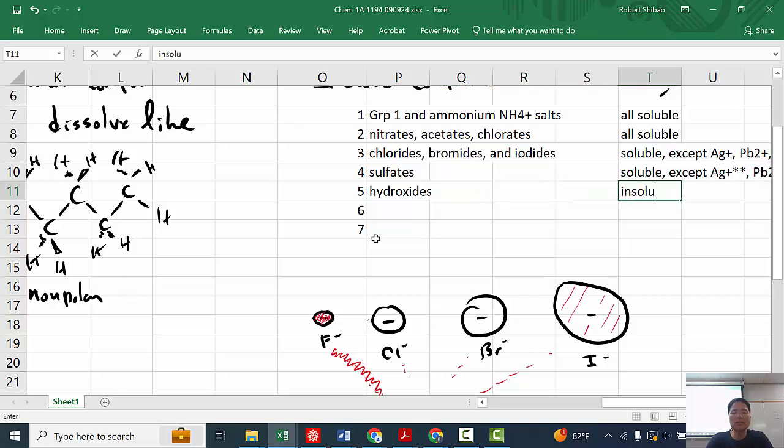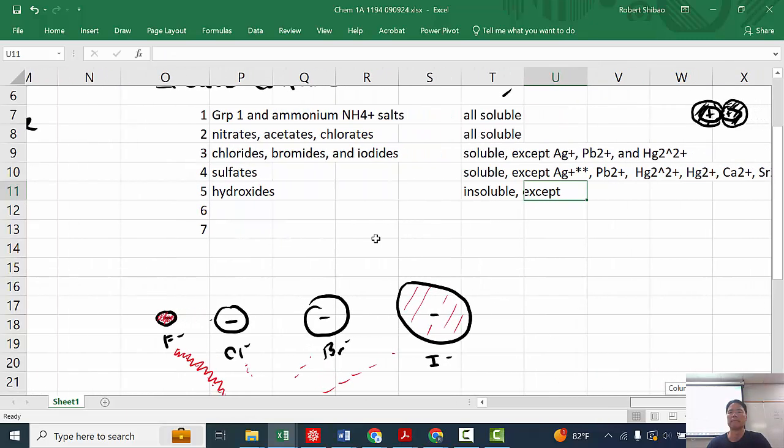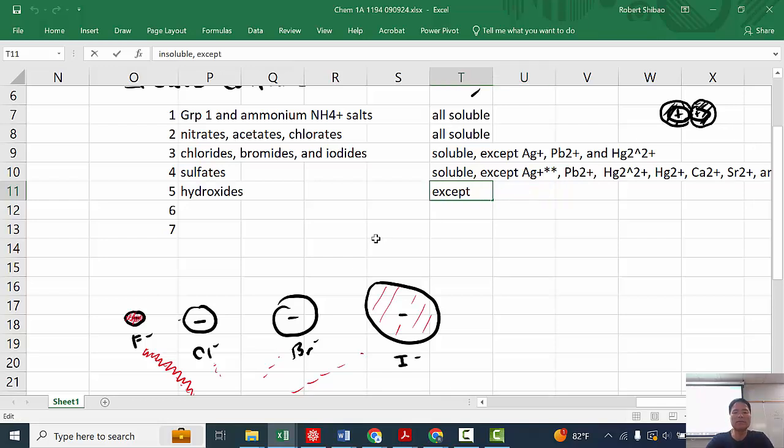Hydroxides are mostly insoluble, except for group 1, ammonium, and calcium, strontium, and barium.